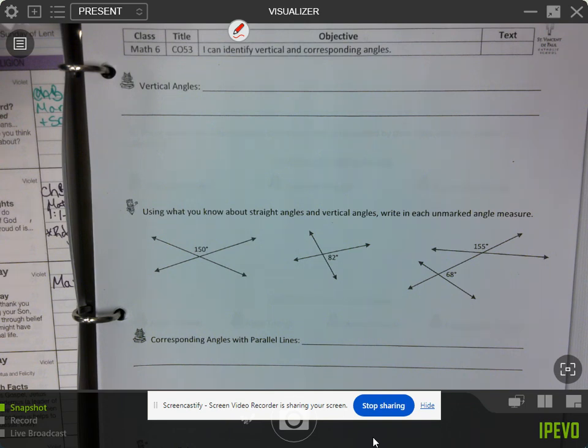So vertical angles are angles that are opposite each other at a common vertex.